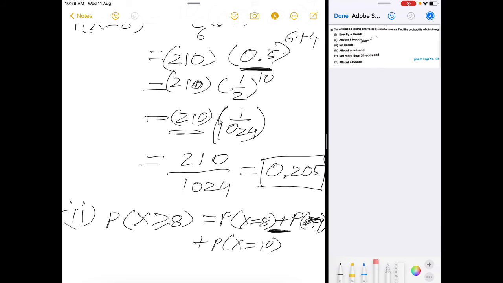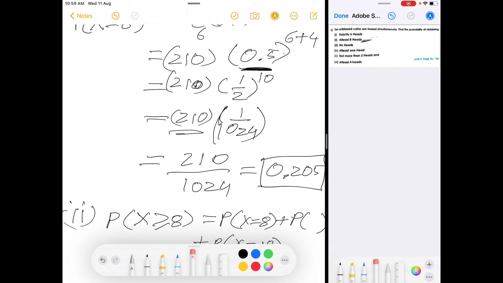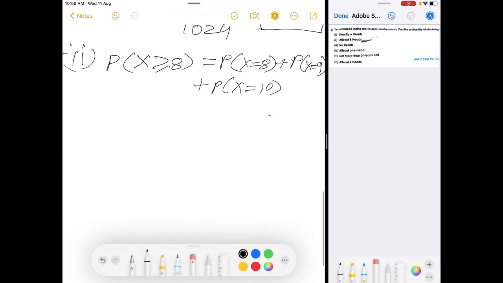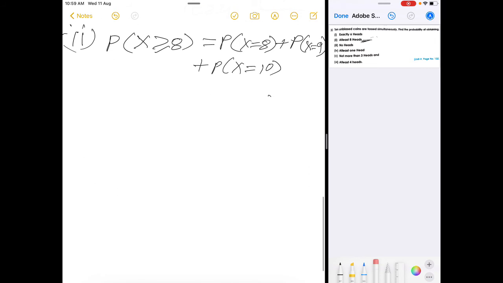Oh, sorry, let me just erase this part. Alright, let's scroll it up. So now when we resolve this, you can actually calculate them separately, or you can calculate them together. I prefer to calculate separately to avoid any confusion.